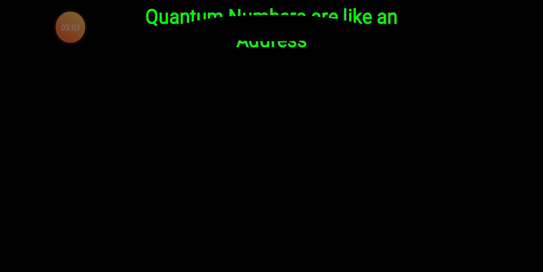How can we compare quantum numbers with a general routine example? Say I am from a village, and if someone wants to reach my house, they must know which state I belong to, then which district, after that the tehsil or taluka level, and after that my village.